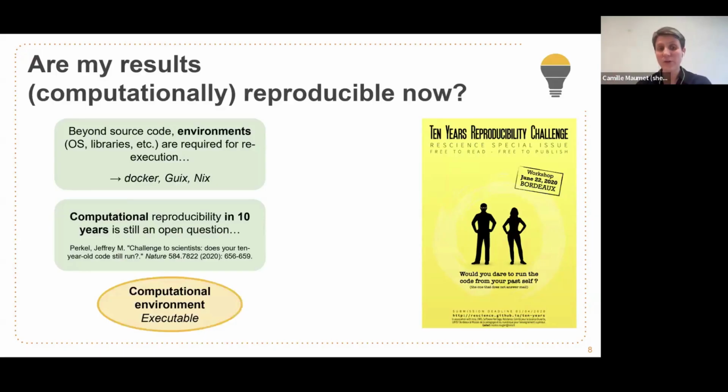But if we want to go further, there are ways to build computational environments, which could be based on Docker, or even better, Guix or Nix. So basically, Guix or Nix are software solutions that make it possible for you to specify all the versions of your dependencies, but then you go down the tree to the versions of the dependencies of your dependencies, all the way deep down. And this way you have specifically defined the base on which your software is running.